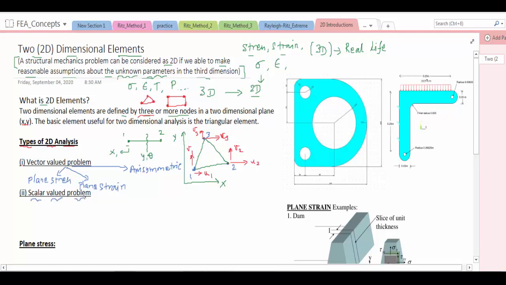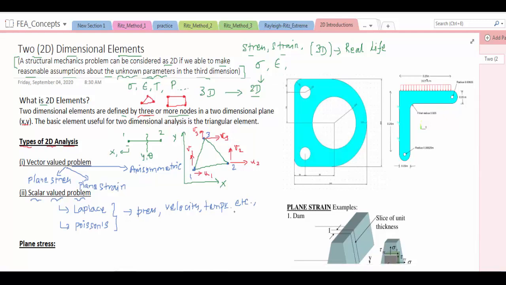Here the governing differential equation is in the form of a Laplace or Poisson form. These two kinds of formulation can be solved for pressure, velocity, temperature, etc. So this is called a scalar valued problem. A vector valued problem will have magnitude and direction.